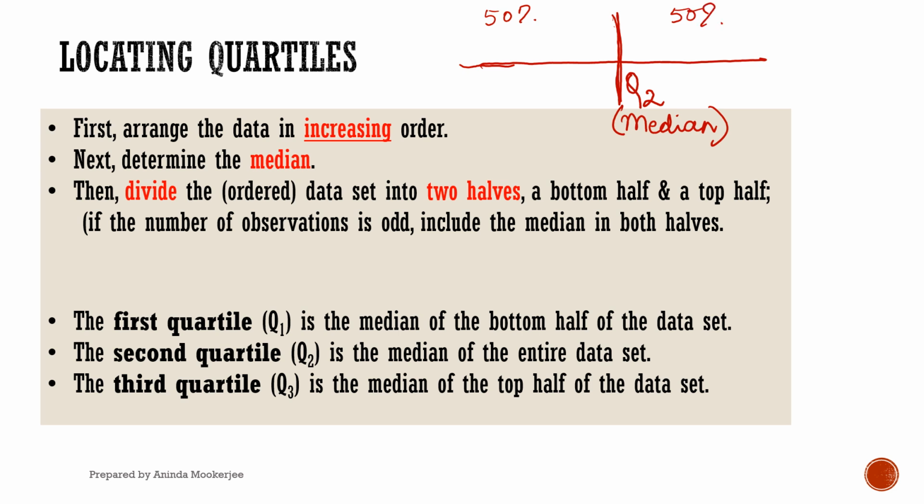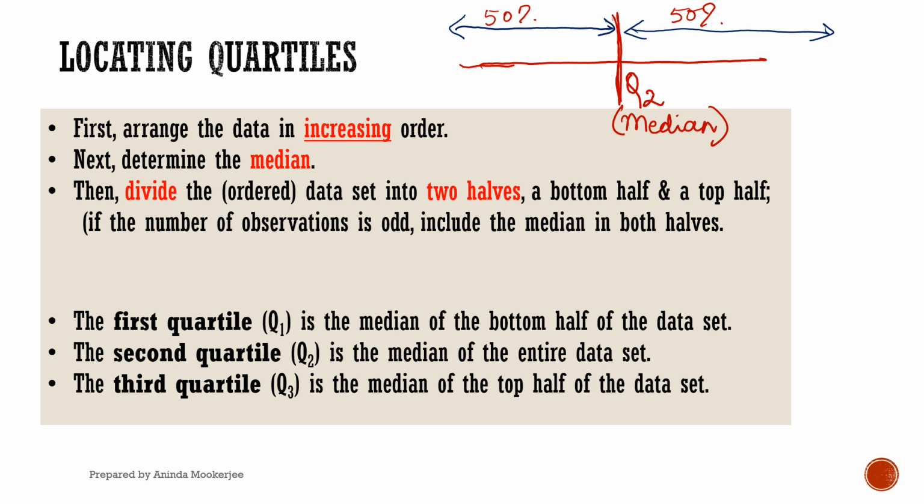Now we have to find the other two quartiles. To find quartile 1, what we do is we divide the ordered data set into two halves. So this is one half here. The left side is one half, 50%, and the right side is the other half that we have. Okay, a bottom half and a top half. So we'll just call it the left half and the right half.